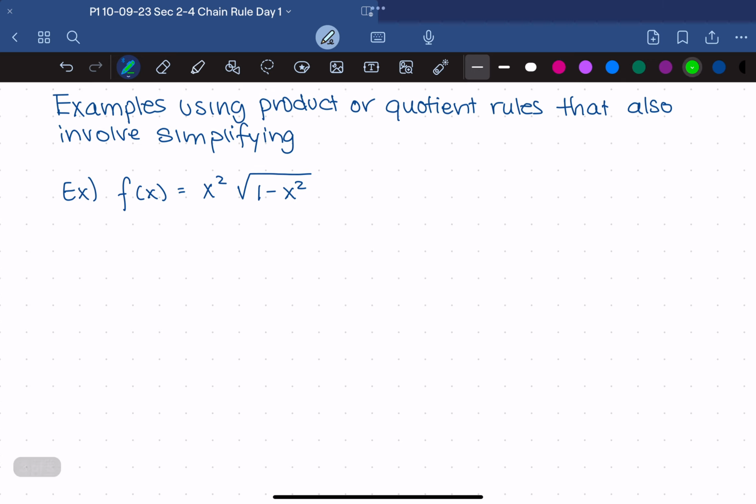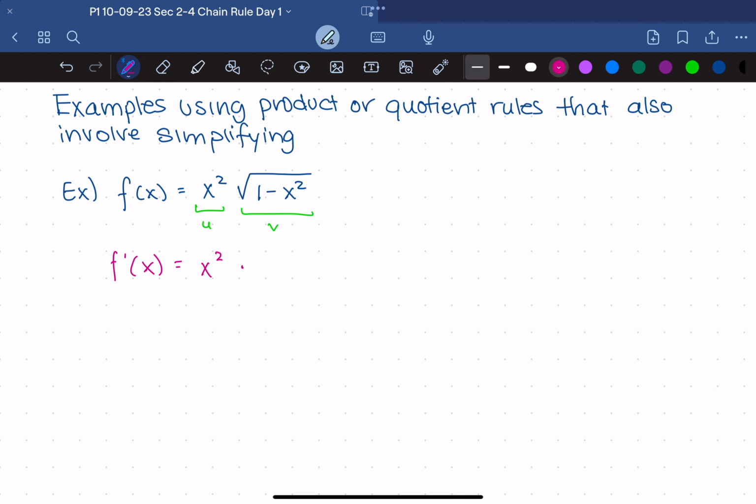So with this one, I definitely have a product. So when I work this out, I'm going to have to use product rule. However, v also happens to be a composition of functions. So we've got a lot going on here. So let's try it. So u dv.